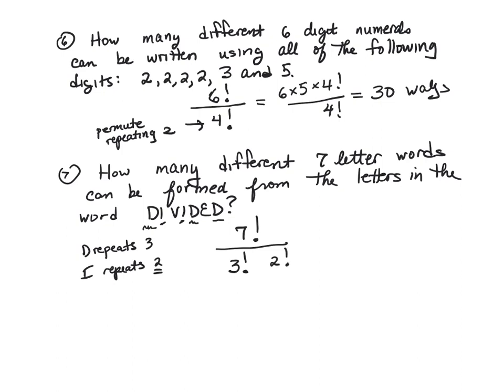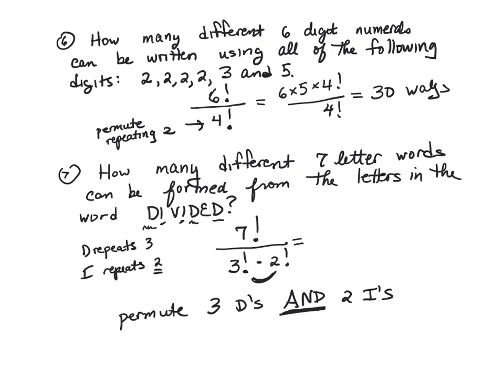But the question is, what do we do with these 2? Do we multiply them? Do we add them? Do we subtract them? Well, let's go back to that very special word. Since we're going to permute 3 D's and 2 I's, by the counting principle, we multiply. So the answer is 7 factorial divided by 3 factorial times 2 factorial.